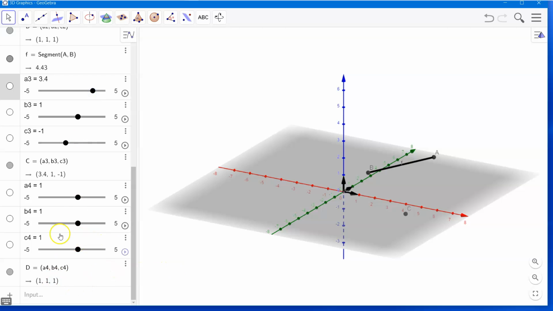Okay, now let's connect these 2 points, segment c comma d.